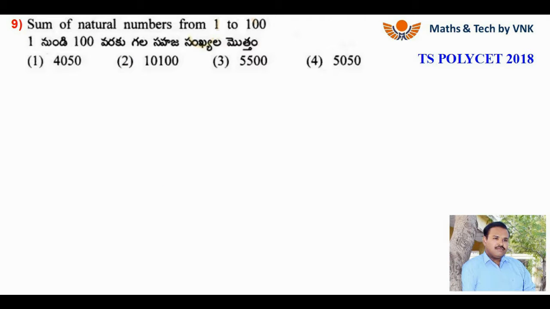Next question is, sum of natural numbers from 1 to 100. We know sum of n natural numbers from 1 to n, S is equal to 1 plus 2 plus 3 plus and so on plus n is equal to n into n plus 1 divided by 2. We have to find sum of natural numbers from 1 to 100.